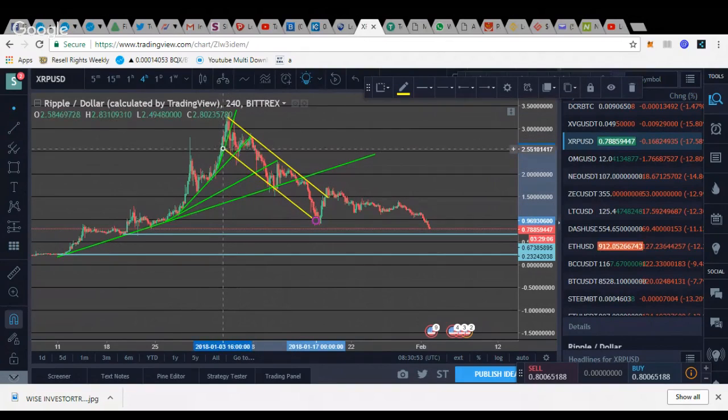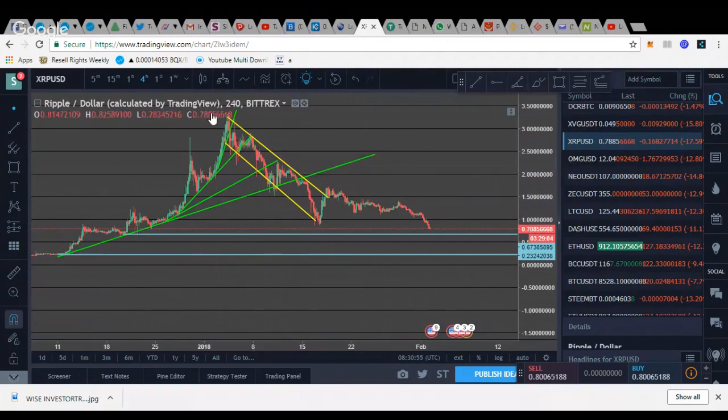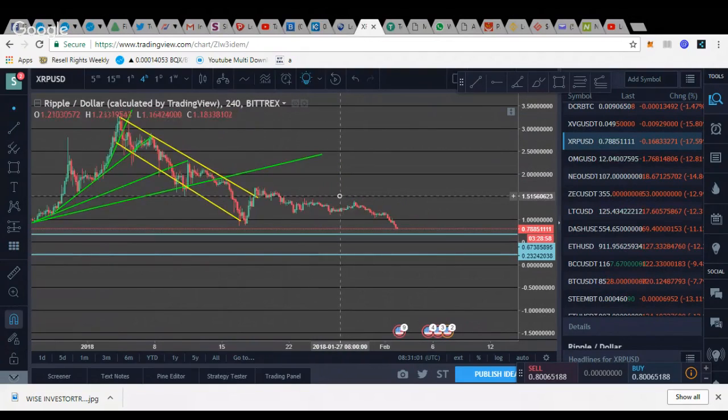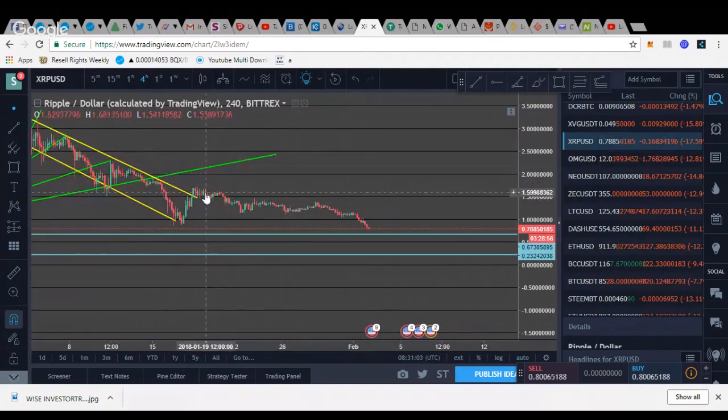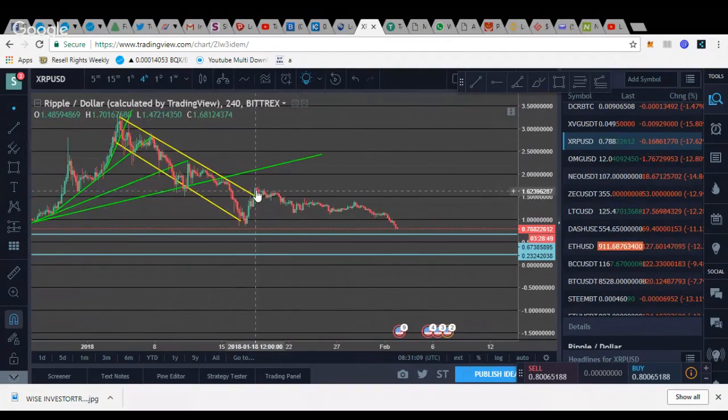This was a channel, a downtrend channel. So there was a break of this channel here, and many guys were like, "Hey, this thing is gonna go up. It's gonna go up." But look at what happened. It did not go up. It forms a bearish pattern here. It was bearish, and it went back again, and you can see it has tested this.